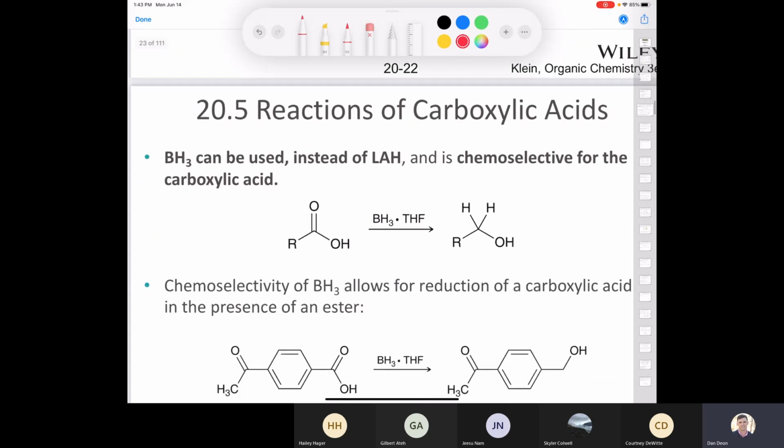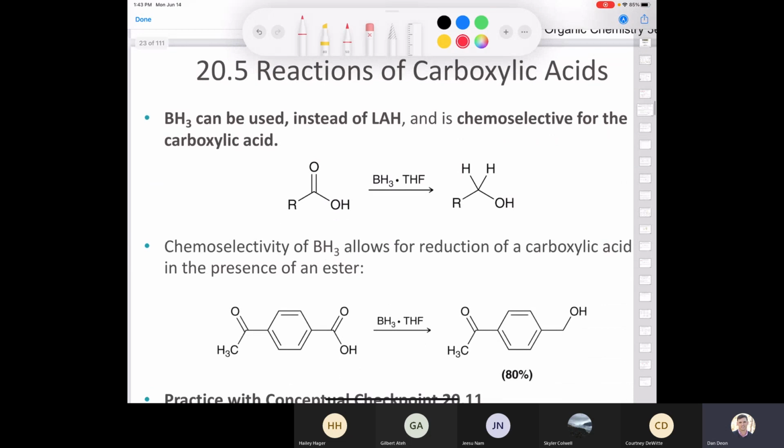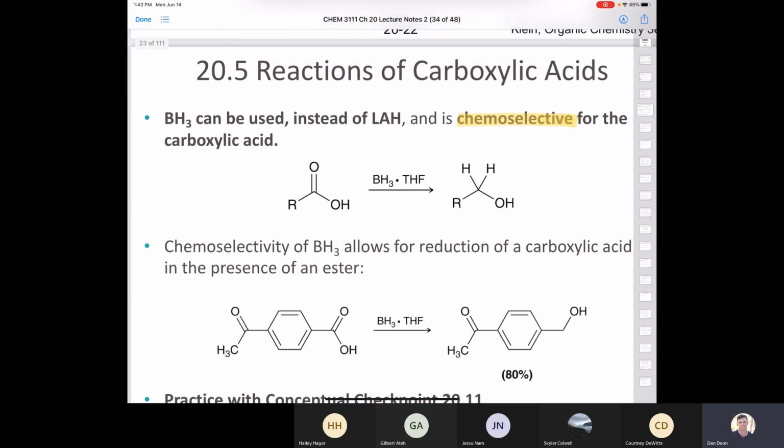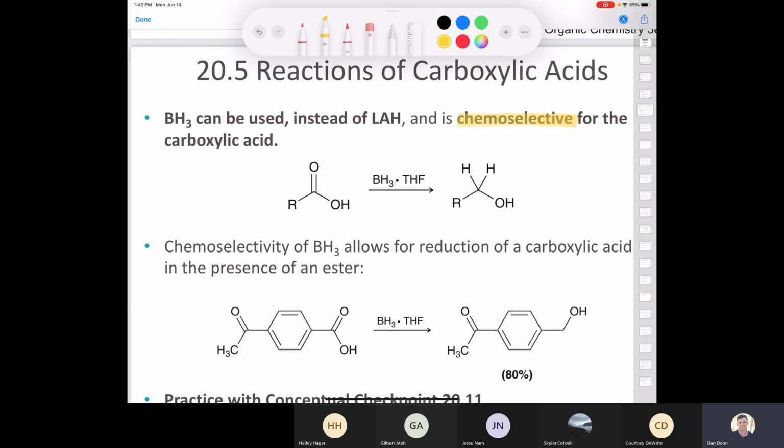However, there are other ways that you can do this. And what's cool about this reaction that I'm going to show you right now is that it's what we call chemoselective. And I think this is the first time this word has shown up in organic chemistry with you guys. We can use borane THF instead of lithium aluminum hydride to reduce a carboxylic acid, again, to that primary alcohol.